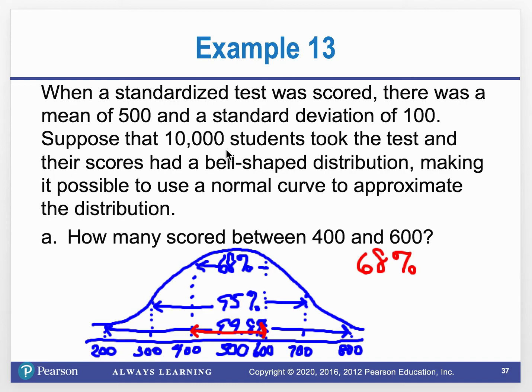If I know 10,000 students took it, then 68% of 10,000 is 6,800. So 6,800 students scored between 400 and 600. That's what this is telling me. Okay, I think we're continuing questions with this, so I'm going to leave the same drawing.